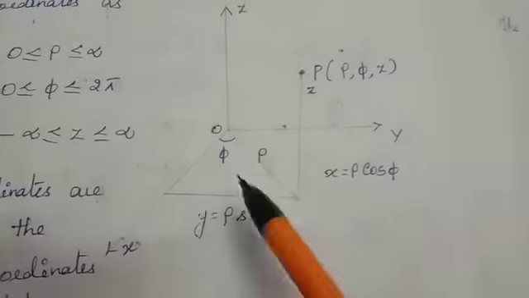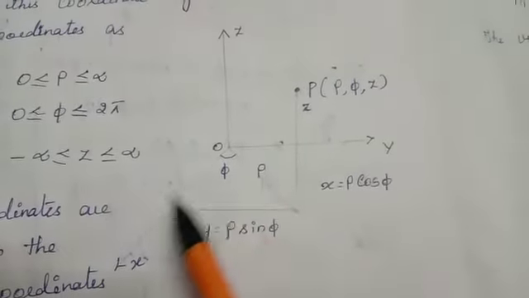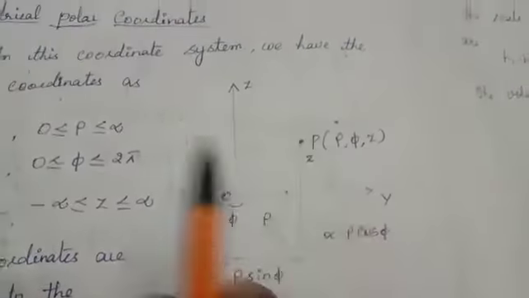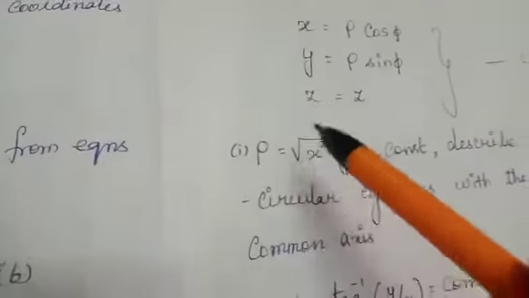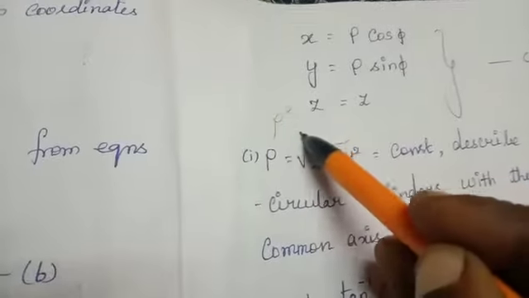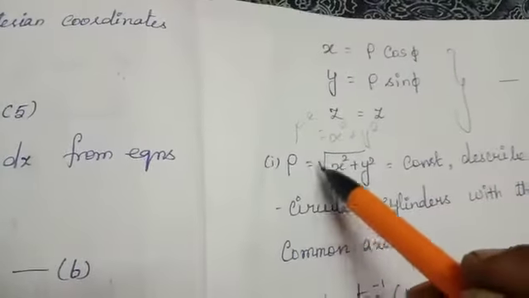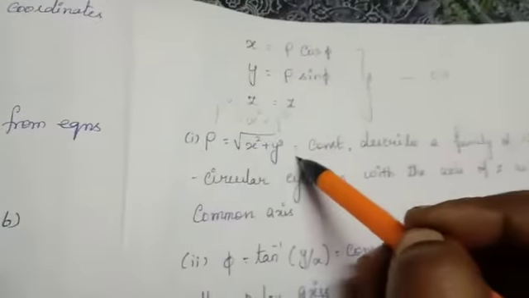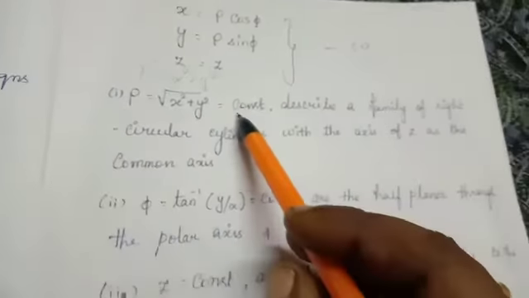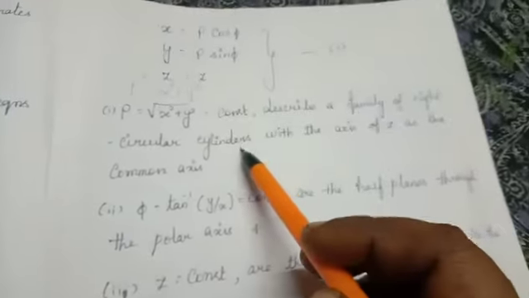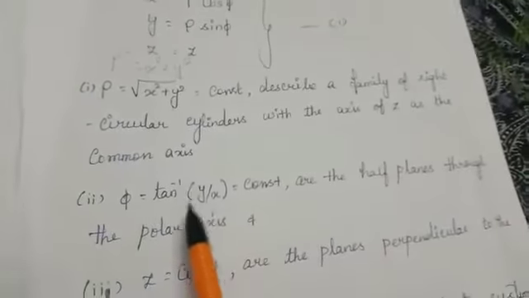We can write rho square equal to x square plus y square, where rho equal to root of x square plus y square is constant. It describes a right circular cylinder with the z axis as the common axis.